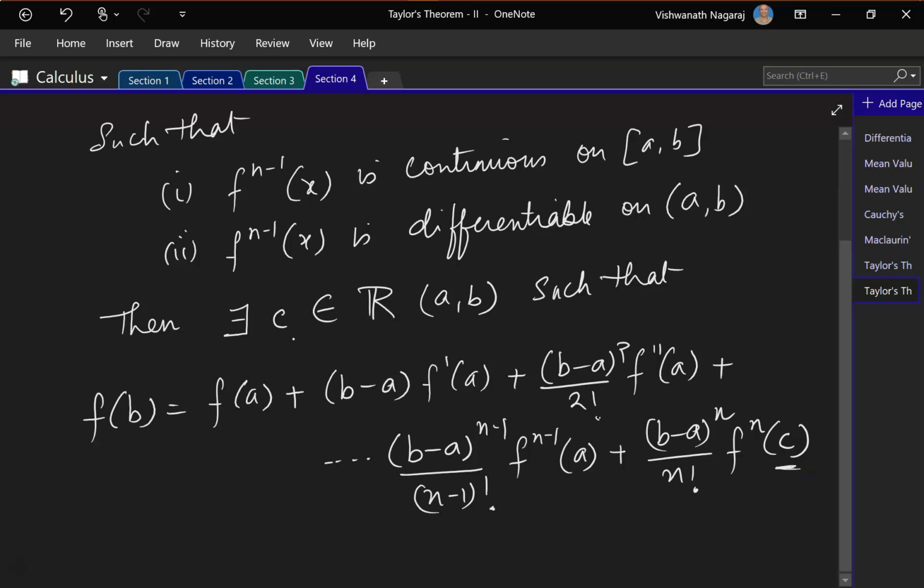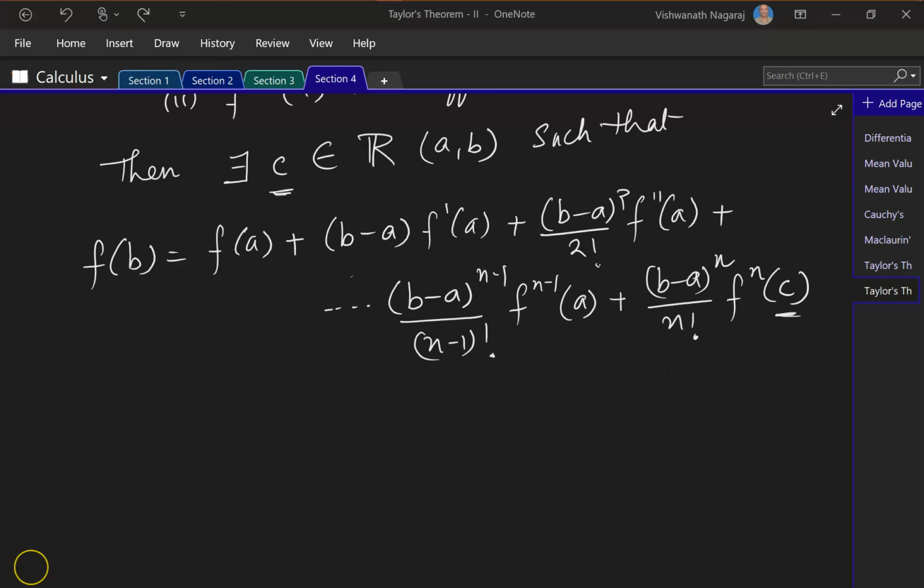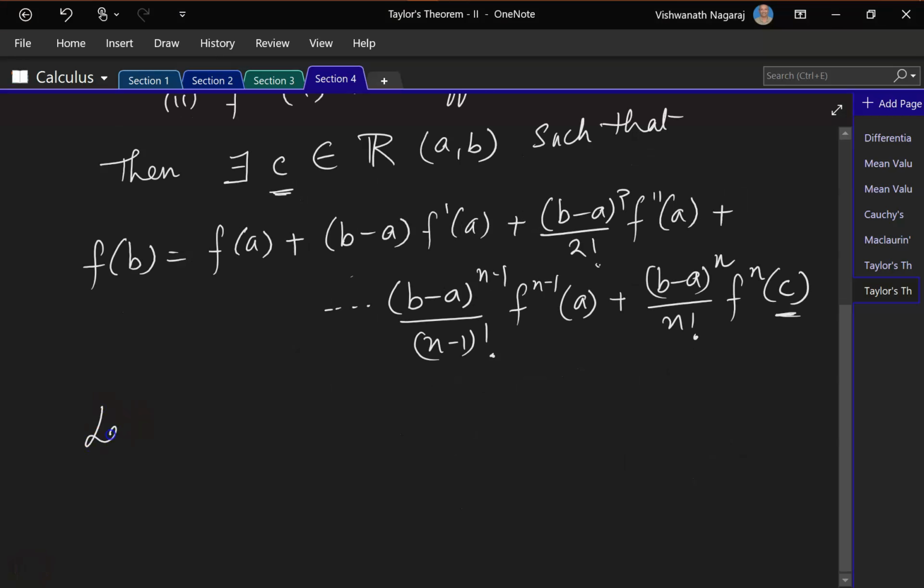So this c is what we are talking of. There exists c belonging to the open interval a comma b, such that this summation will give us the f of b. Now let's define a new function, capital F of x, on the closed interval a comma b.